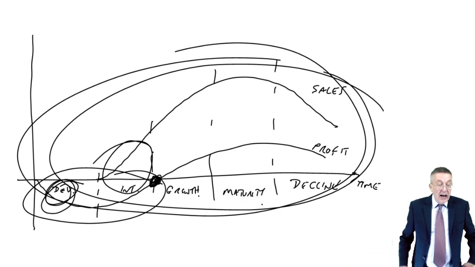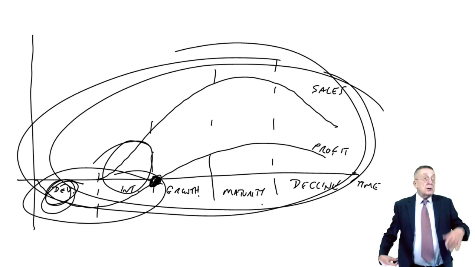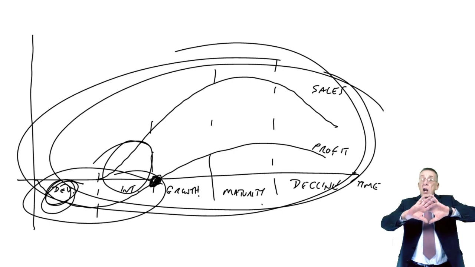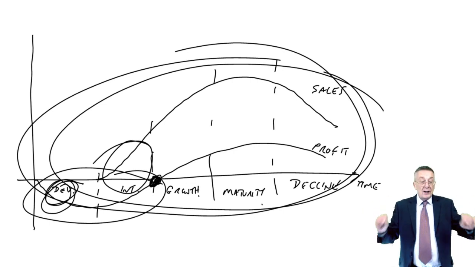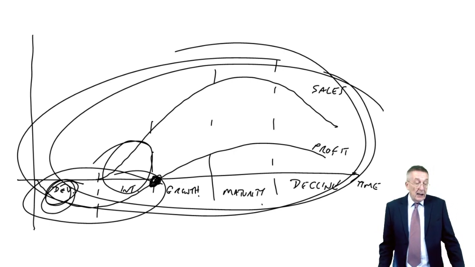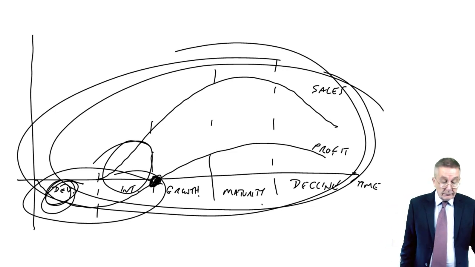And finally, maximise the length of the life. It may obviously be out of our control. Think of what I said about televisions. But the longer we can keep our product selling, the longer we can keep the maturity phase, then clearly the more profitable the product's going to be.